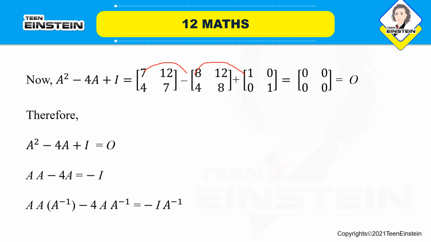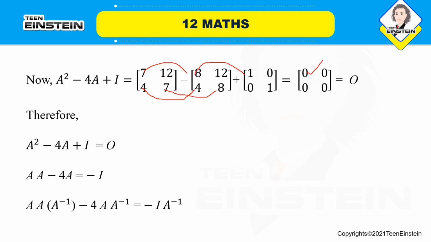Here 12 minus 12 is 0. Then 4 minus 4 is 0, then 7 minus 8 is minus 1, plus 1 is 0. So what we are getting is the zero matrix of order 2, so it is O. We have verified that A square minus 4A plus I equal to the zero matrix.